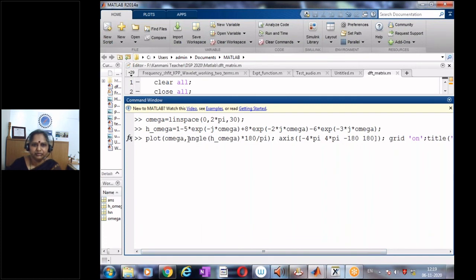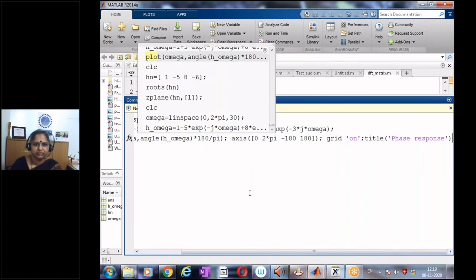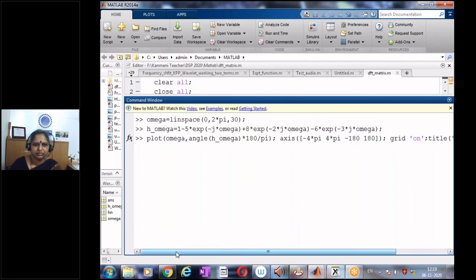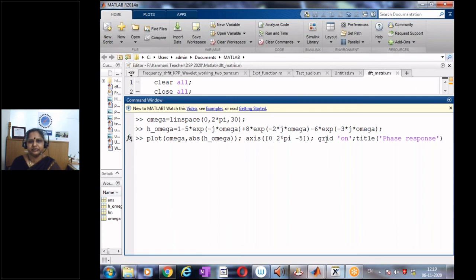Plot omega against the absolute value of the frequency response, and my limits are going to be 0 to 2 pi, and minus 5 to plus 5.